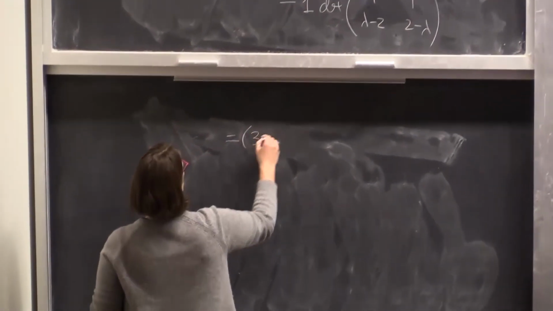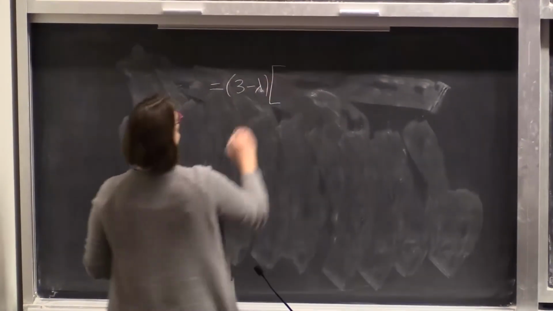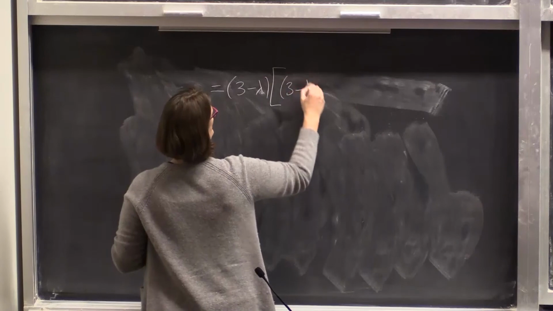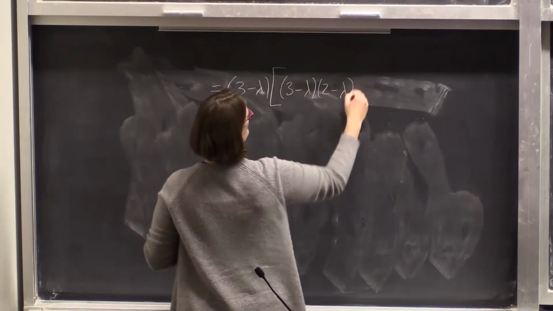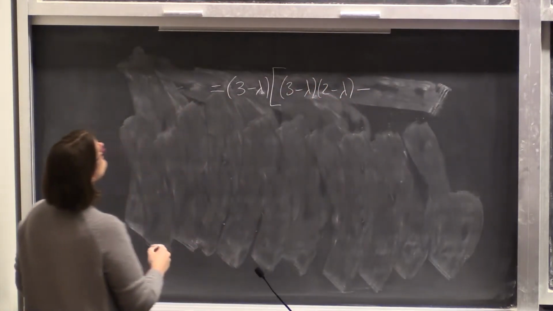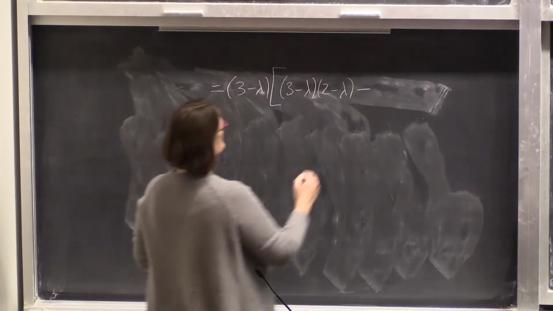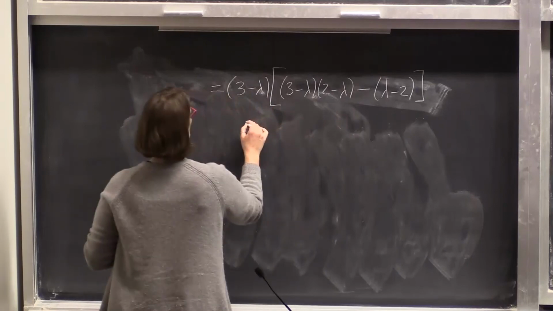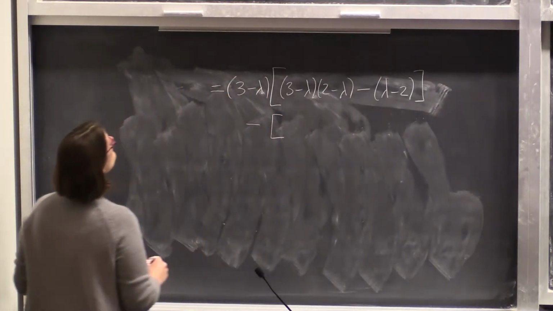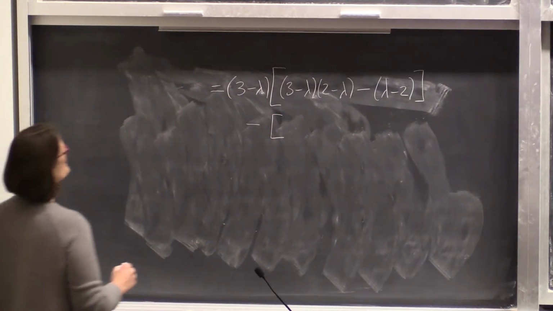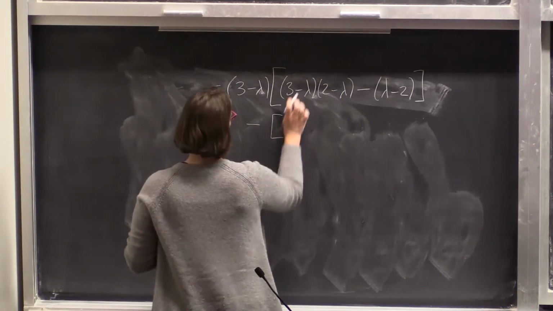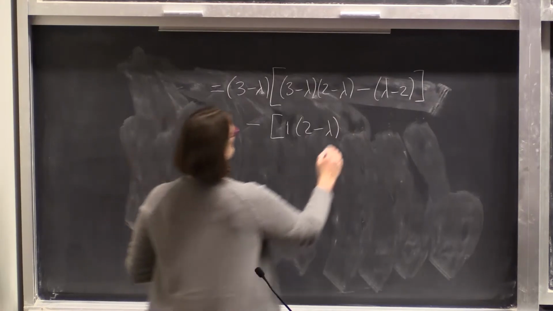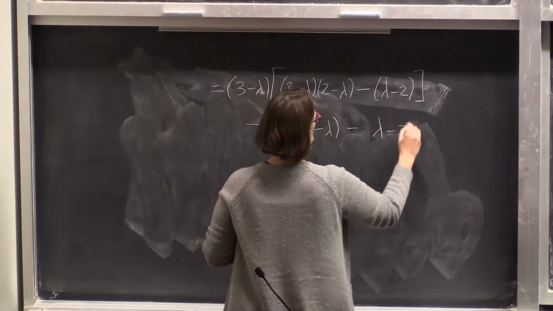So this is 3 minus lambda times 3 minus lambda times 2 minus lambda minus lambda minus 2. And then minus 2 minus lambda, or 1 times 2 minus lambda, minus lambda minus 2.